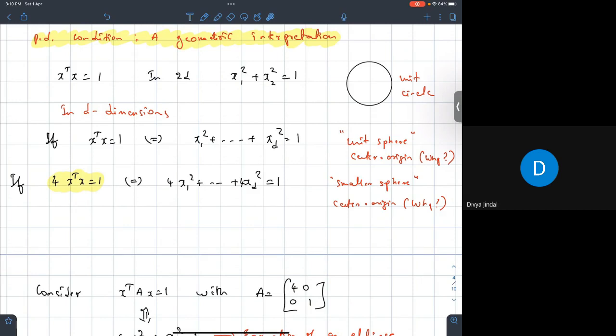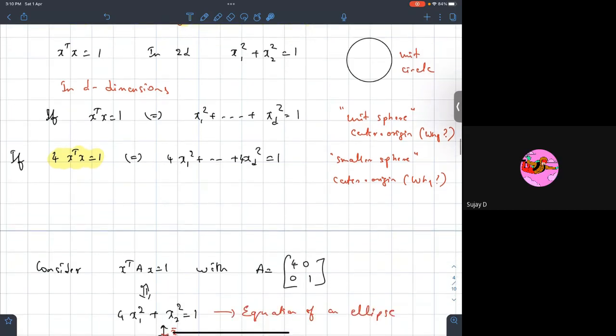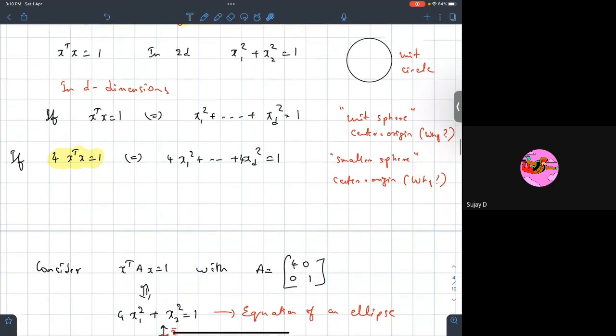So if I write x transpose Ax with this A, can somebody tell me the equation in terms of x1 and x2? 4x1 square plus x2 square. Now this is no longer a circle. It becomes the equation of an ellipse.